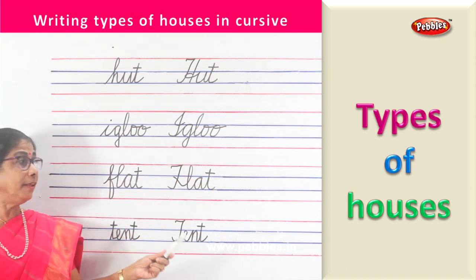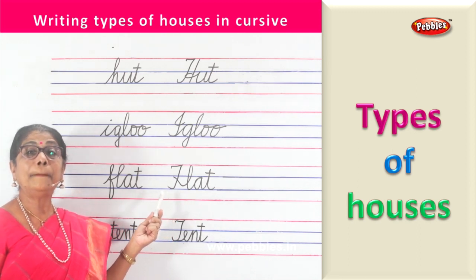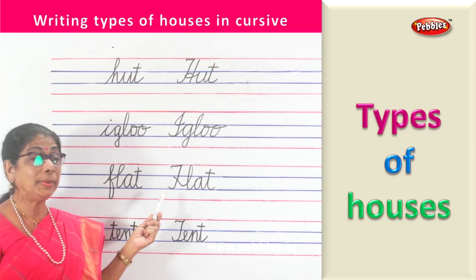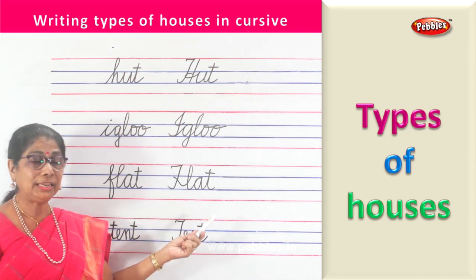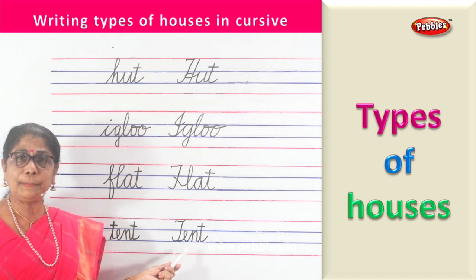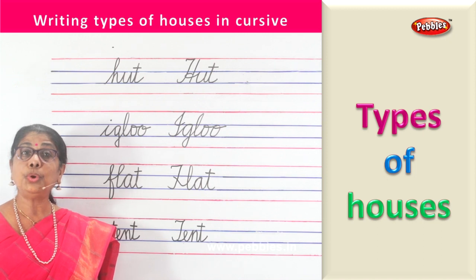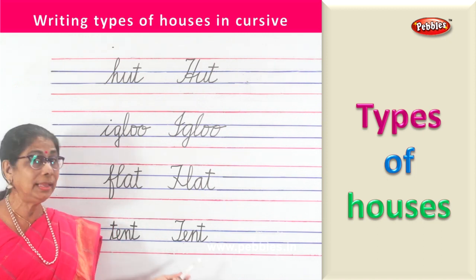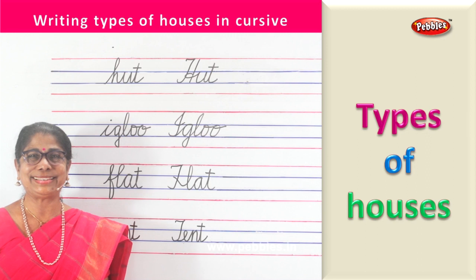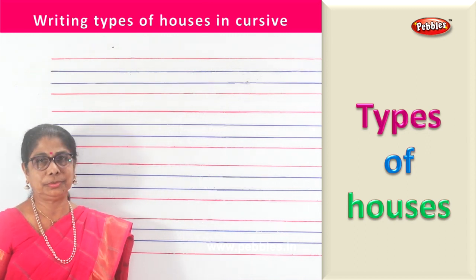People live in flat. Flats. What is flat? Each floor, each family can live. F-L-A-T, flat. Tent. Tent can be pitched and taken away with you and go wherever you want to fix. T-E-N-T, tent.